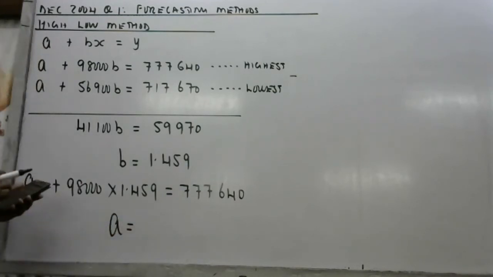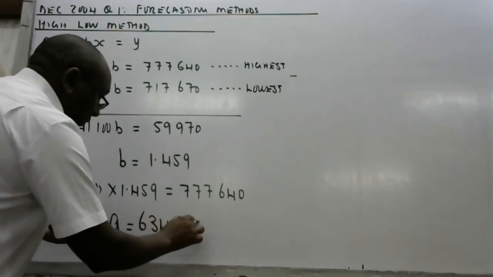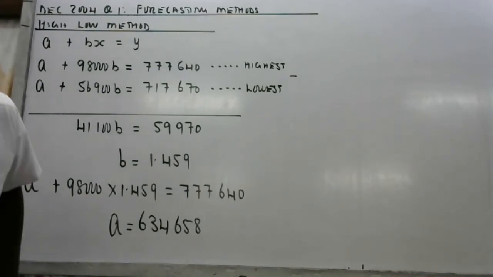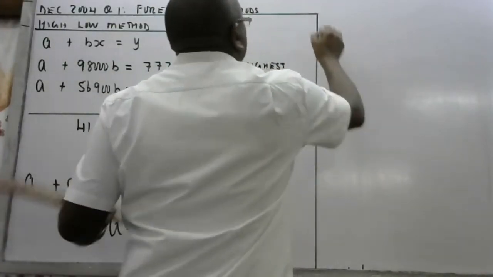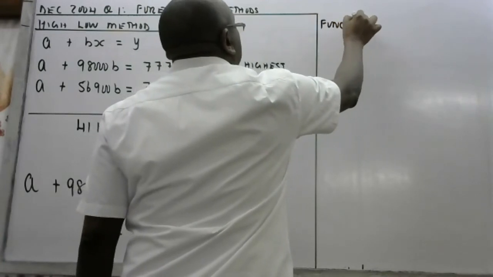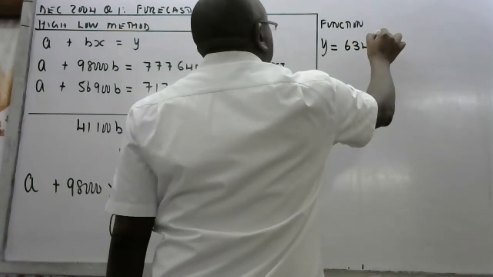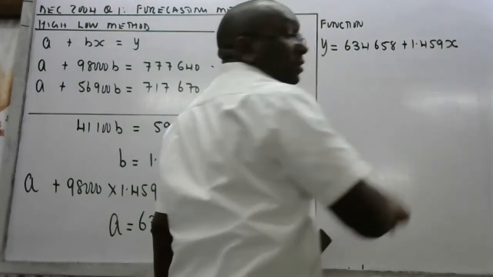So based on that, I would say 777,640 minus 98,000 times 1.459. I'm getting 634,658. So the function is y is equals to 634,658 plus 1.459x.